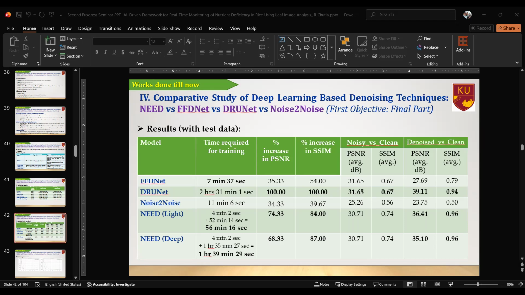And here also we have seen that the average improvement in the PSNR is almost the same in three models, but increase in the SSIM is higher in case of NEED light and NEED deep model. So which reflects that the structural improvement is there with the help of the NEED light and NEED deep model. So here you can see that.